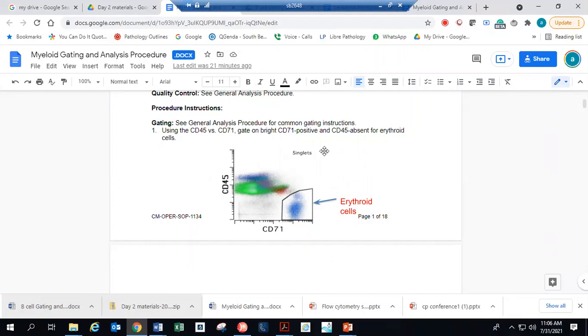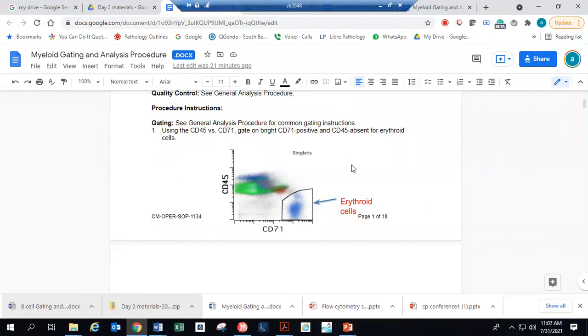Now we know the erythroid cells are CD71 positive and CD45 dim. When you start gating your erythroid cells, you go into the CD71 positive cells that are CD45 dim.